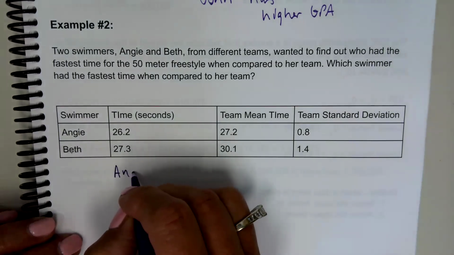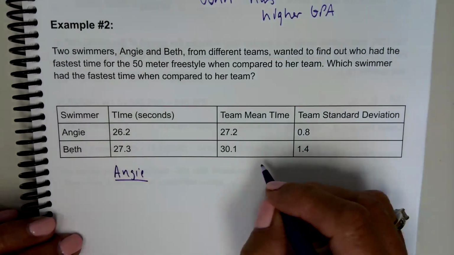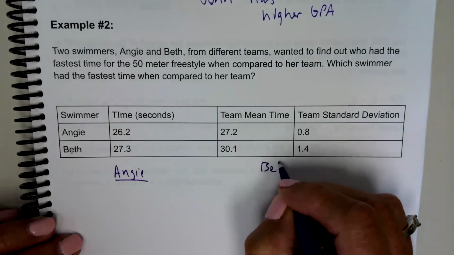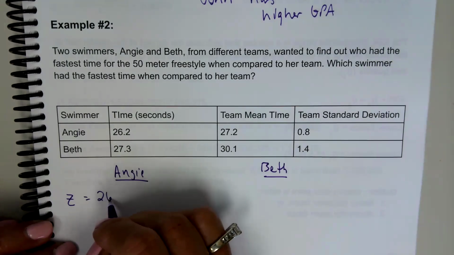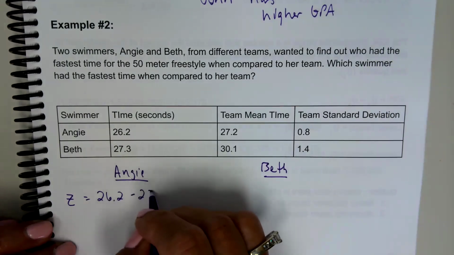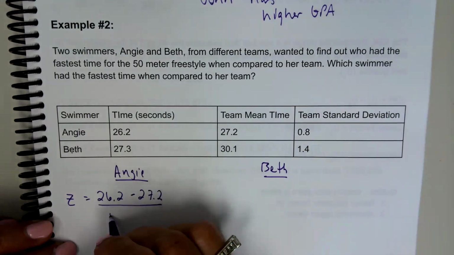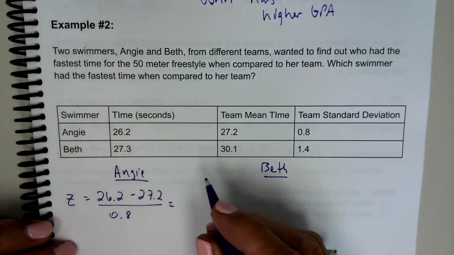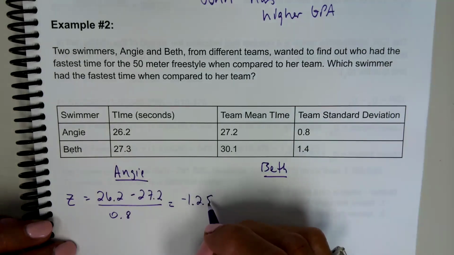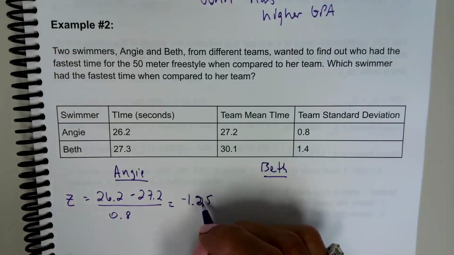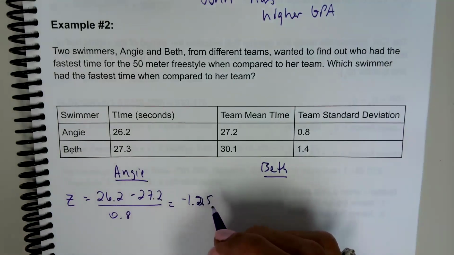Okay, welcome back. I'm going to calculate Angie's and Beth's. So Angie is a -1.25, faster than the mean.